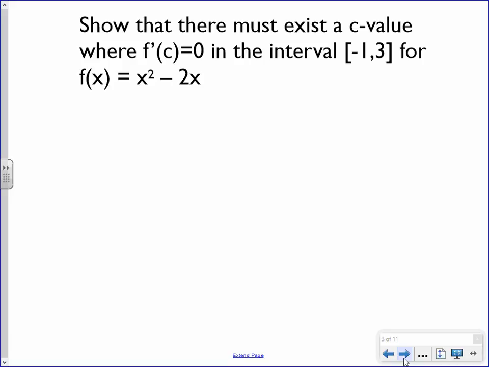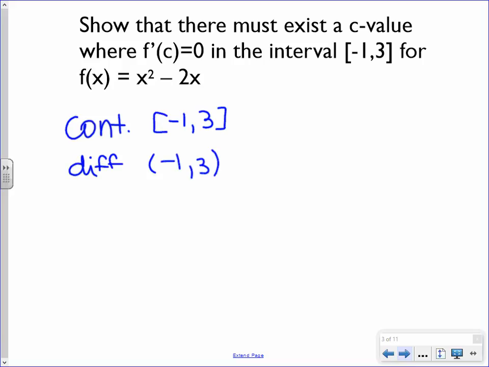So the first thing we have to consider is our function continuous on the closed interval and differentiable on the open interval? Is this polynomial continuous? Is this polynomial differentiable?